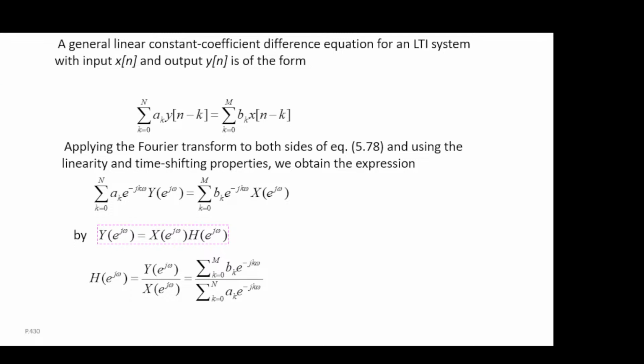Okay, so the linear constant coefficient difference equation looks like this. We talked about this in chapter 2. It is constant coefficient because the a_k and b_k are constant, and it is a difference equation because we sum over y with time shifts and x with time shifts.